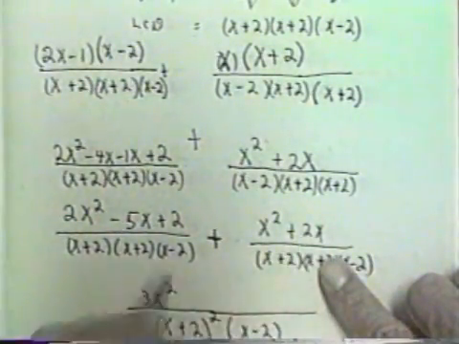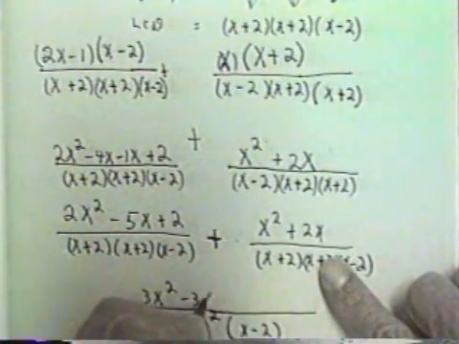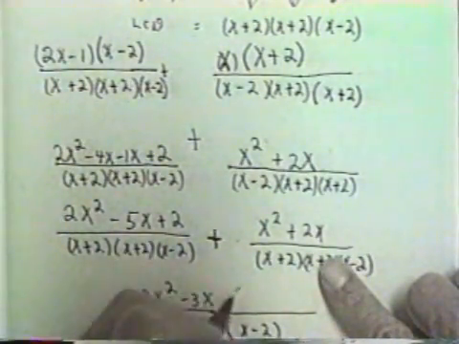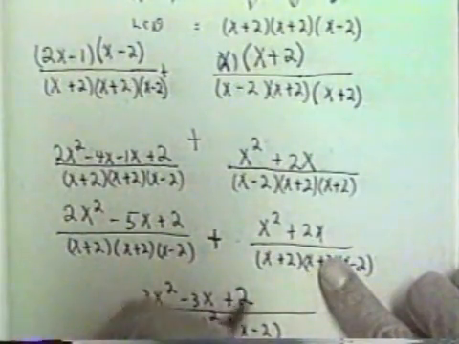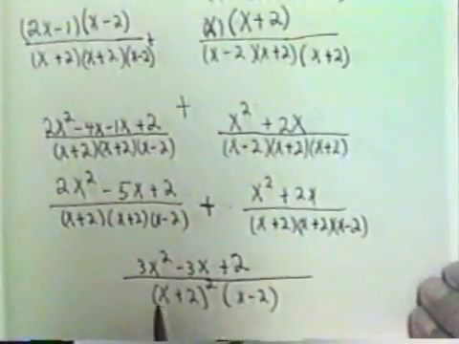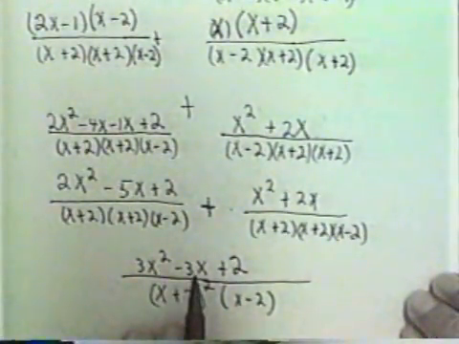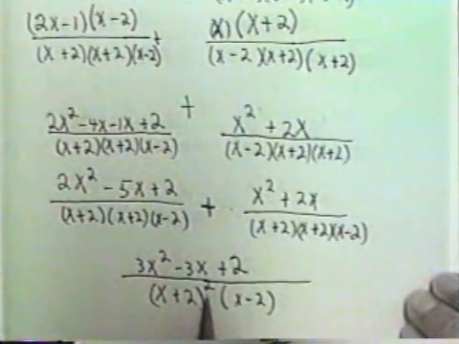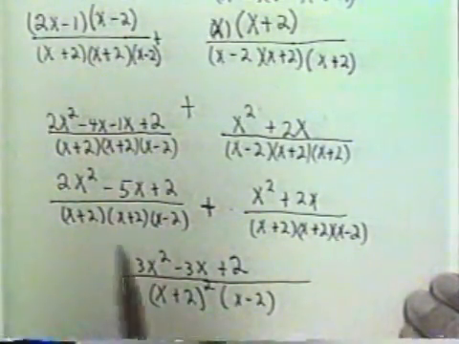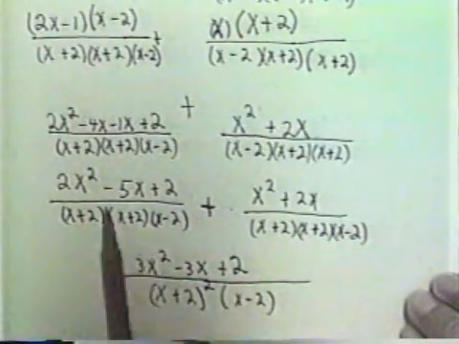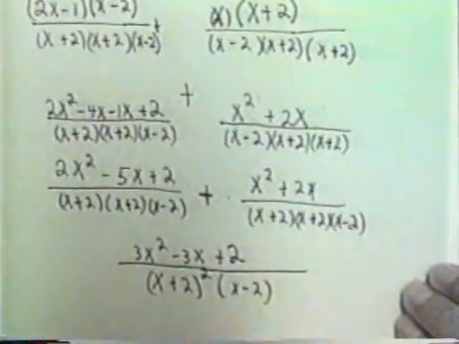A negative 5x plus 2x is a negative 3x plus 2. So we have 3x squared minus 3x plus 2 over x plus 2 quantity squared times x minus 2. Keep the denominator, add the numerators.